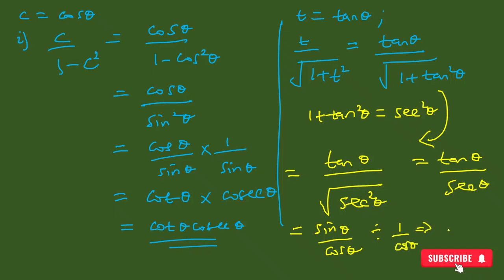So when we simplify this to be sine theta over cos theta times, if we multiply, the cos goes up, cos theta over 1. So you see this cos goes with this, so we remain with a sine theta. So this simplified is equal to sine theta.